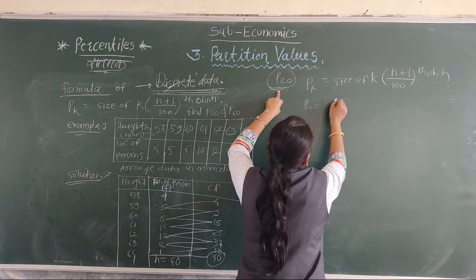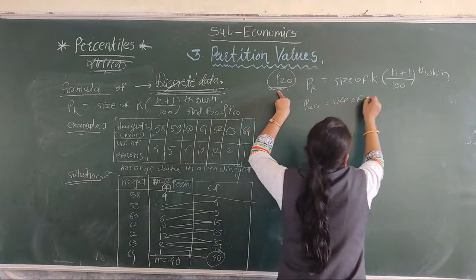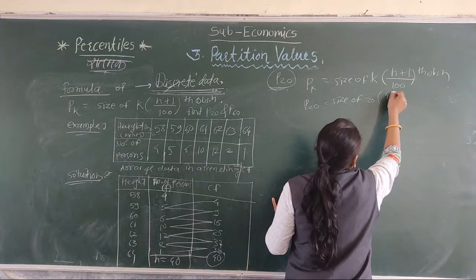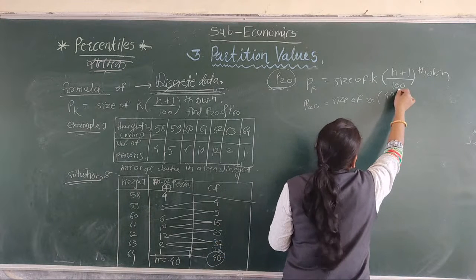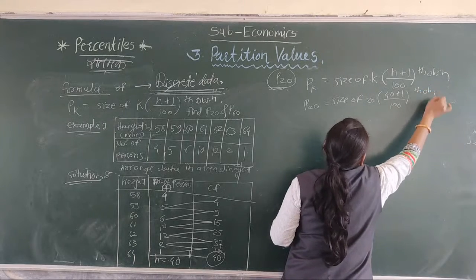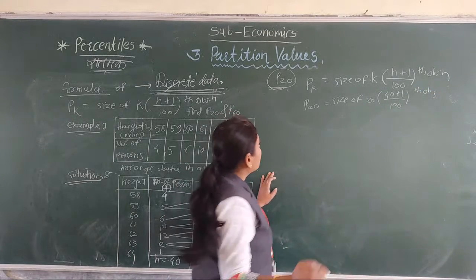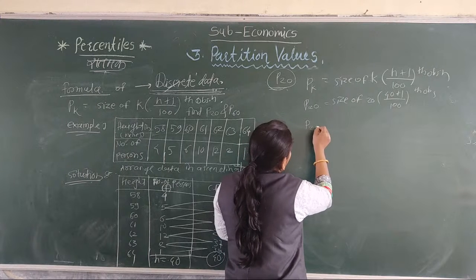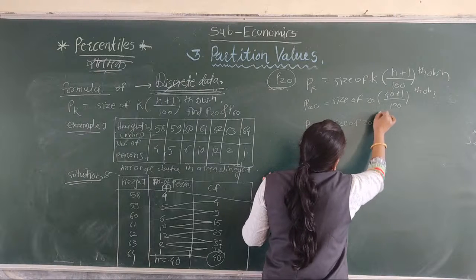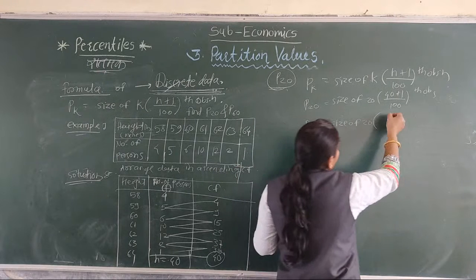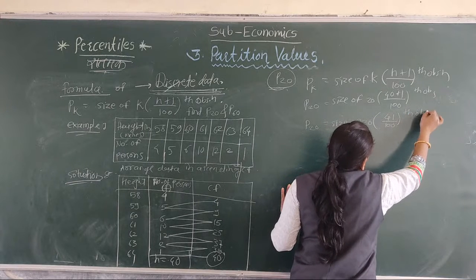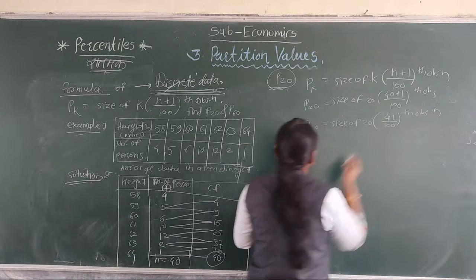Okay, P20 is equal to size of 20 into (total number of observations 40 plus 1) divided by 100 observation. Next step, P20 is equal to size of 20 into (40 plus 1) which is 41, divided by 100 observation.